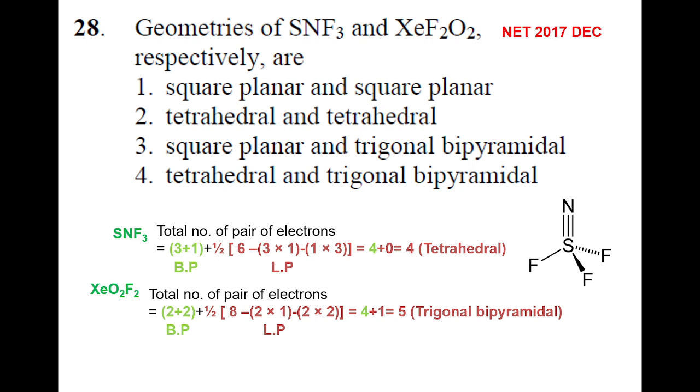So total surrounding atoms 4. So total bond pair of electrons 4. Half of 6, the outermost electrons of sulfur, minus 3 into 1, the valency of fluorine, minus 1 into 3, the valency of nitrogen. So we get 4 bond pair, 0 lone pair, so tetrahedral. So this is the structure of SNF3, tetrahedral geometry. Already we have discussed XeF2O2. In this case we have 4 bond pair, 1 lone pair of electron, total 5.